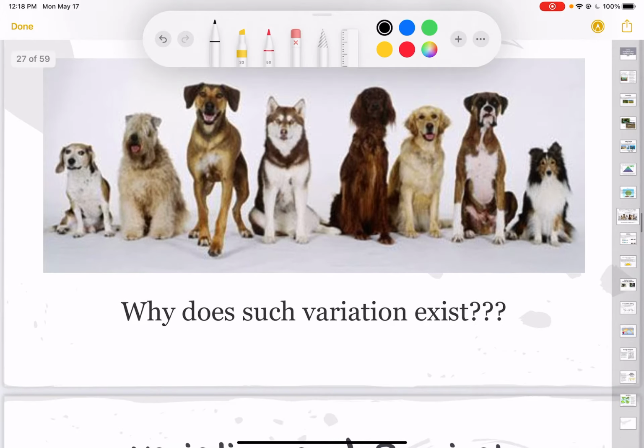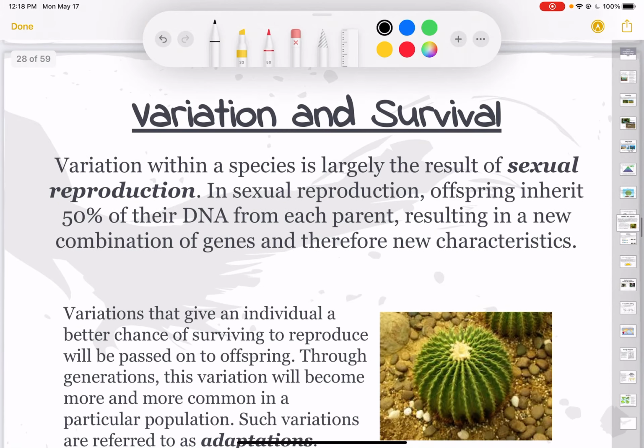So why does such variation exist? Well, variation within a species is largely the result of sexual reproduction. So in order to create differences, we need to have those genes coming together from two parents. We know that if we breed a chocolate lab with a chihuahua, then we're not going to come out with a dog that looks like a greyhound, right?